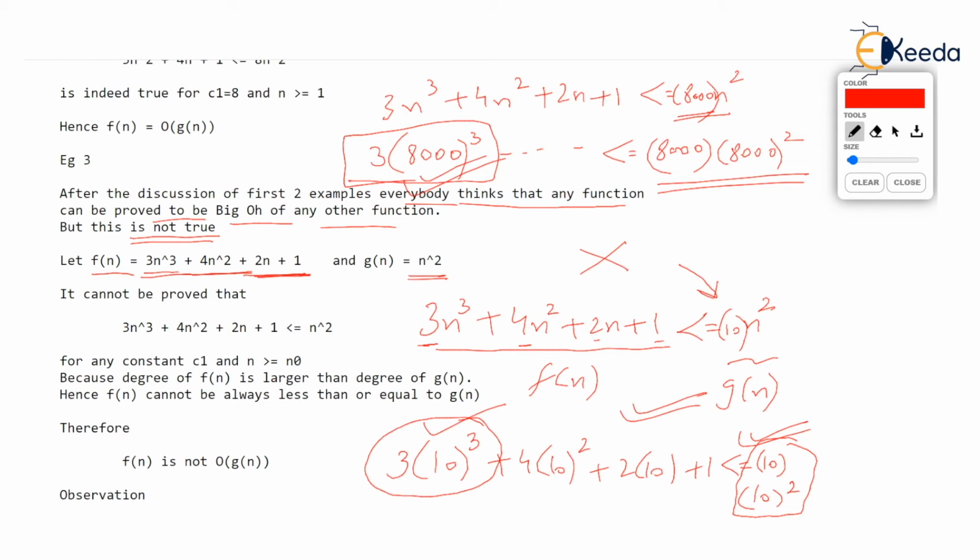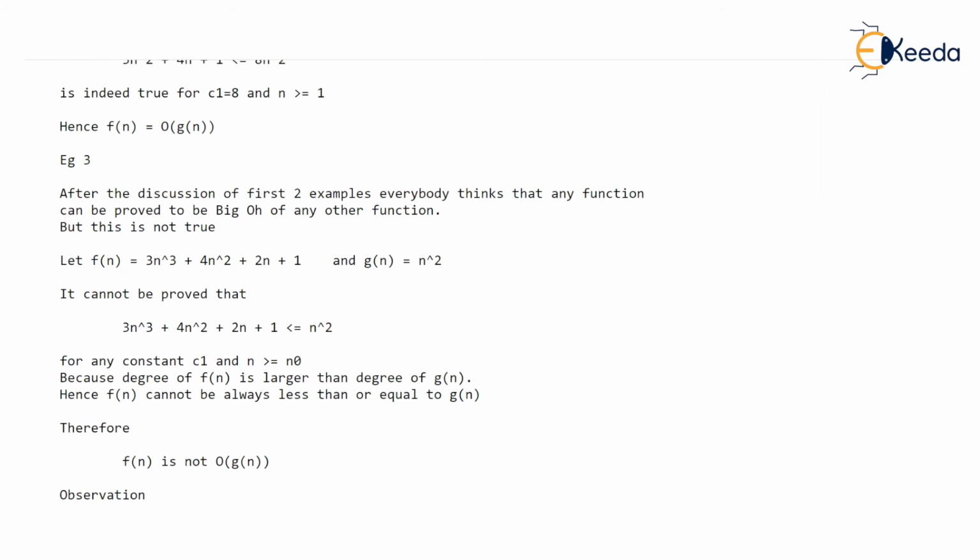So not every function is O of every other function. This thought comes to the reader's mind when the reader sees that we are allowed to multiply Gn with a constant, but that constant is of no use if Fn is having higher degree than Gn. So coming back to our content written in black, you just check that it cannot be proved here.